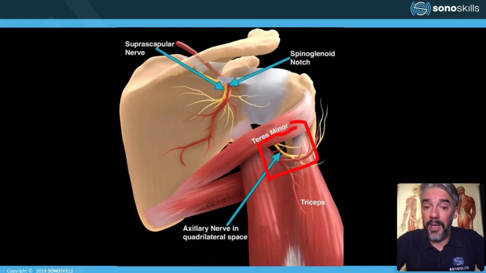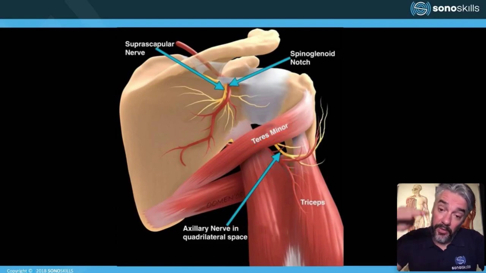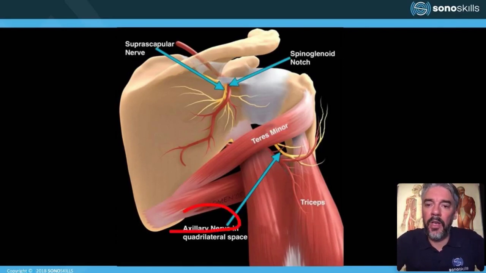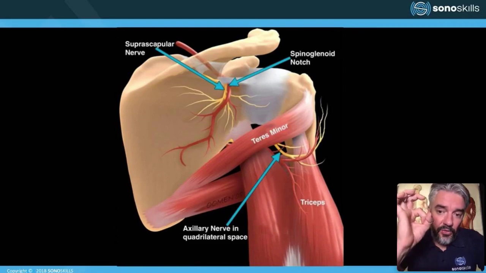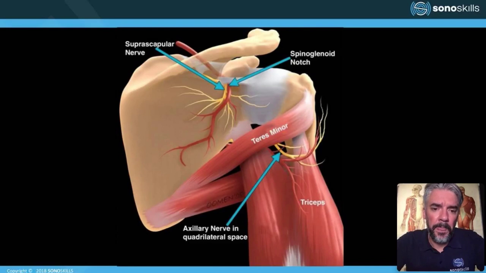The quadrilateral space is the boundary between the teres minor, the teres major, the humerus, and also the two triceps muscles. And within this quadrilateral space, there is a neurovascular bundle, the axillary nerve, but also an artery, and that can be impinged, and this can lead to complaints.